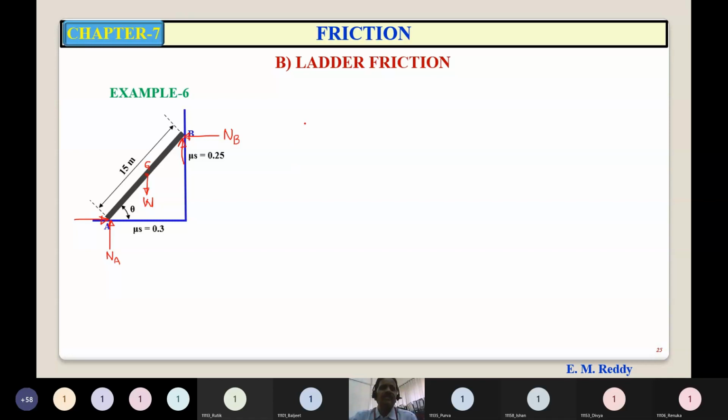These are the forces acting on the ladder. So first draw the FBD. This is the center of gravity. Weight is acting vertically downwards.